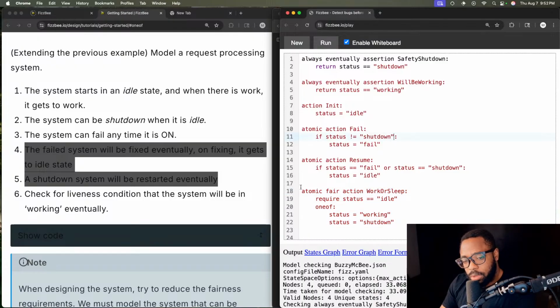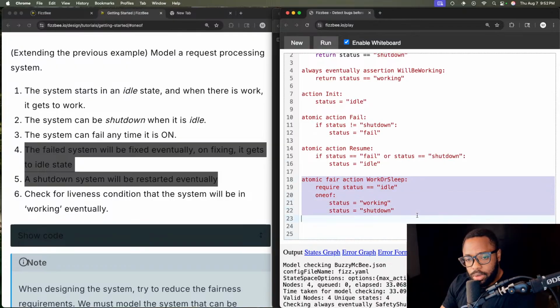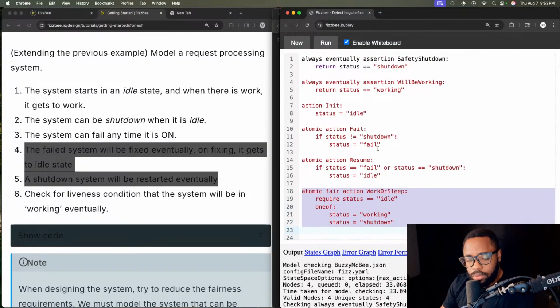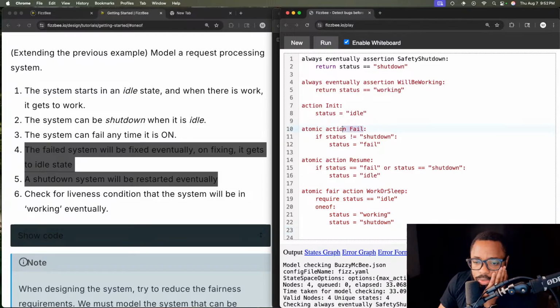Well, let's say that we ignore this part for now, right? And we go from idle, and we can either go to fail or resume, but then none of these will apply, because you can't transition the state from idle to something else via fail or resume.